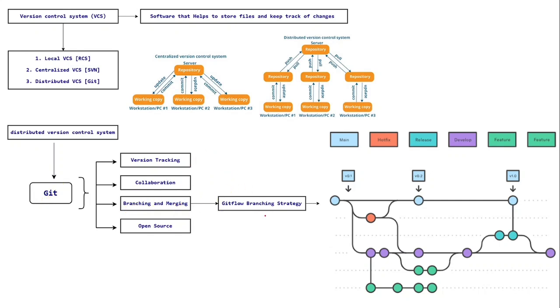So in branching strategies, Git provides three different branching strategies: trunk based branching strategy, second one feature based branching strategy, and third one is Git flow based branching strategy. So in trunk based branching strategy, development will happen within a single branch.